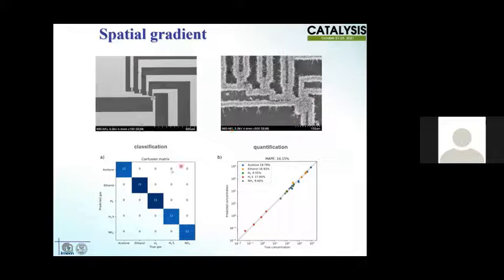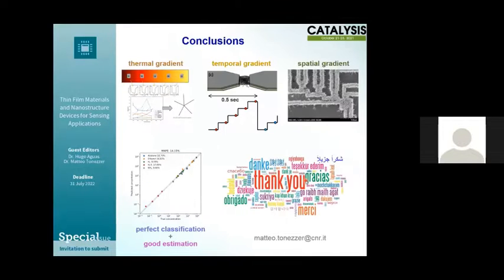Also with this system, the classification was perfect. There were no misclassifications, and in this case the mean absolute percentage error was very small. For different gases, for example, for hydrogen it was less than 9%, for ammonia less than 10%. So basically, the idea is using the same material but in a thermal gradient that can be declined as temporal gradient or spatial gradient.